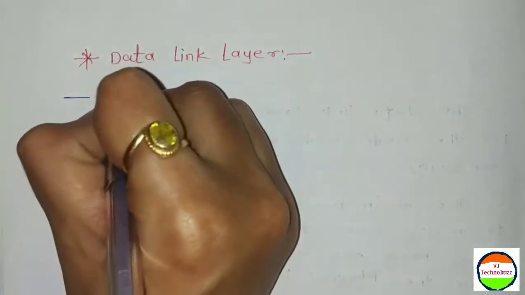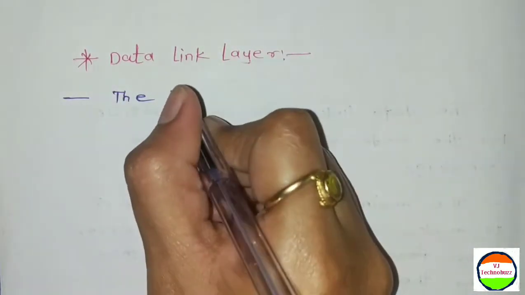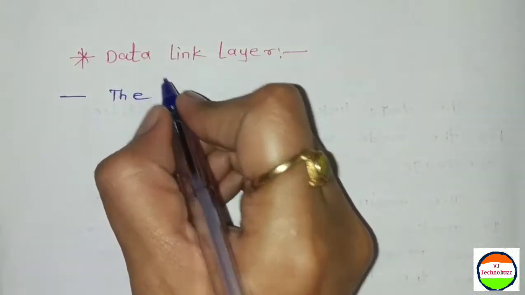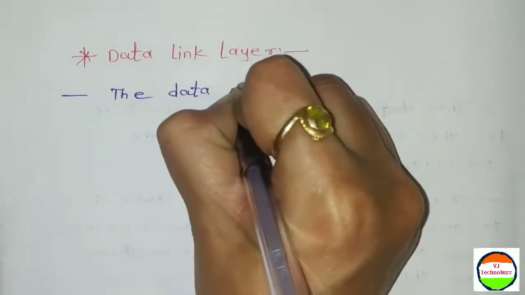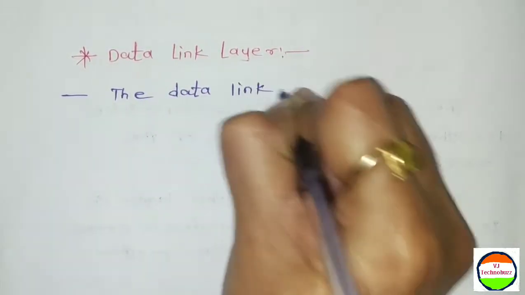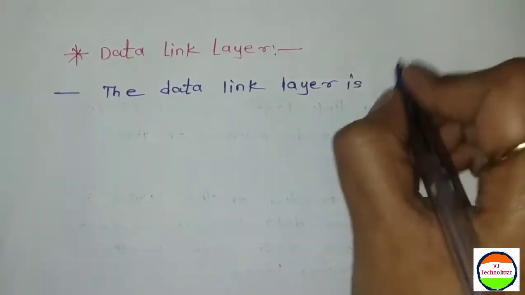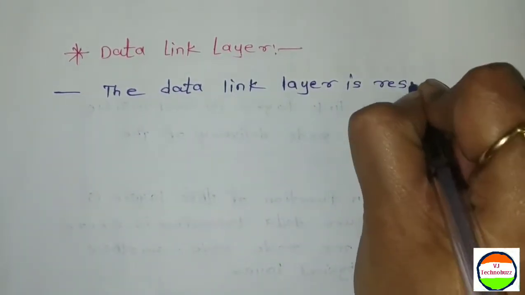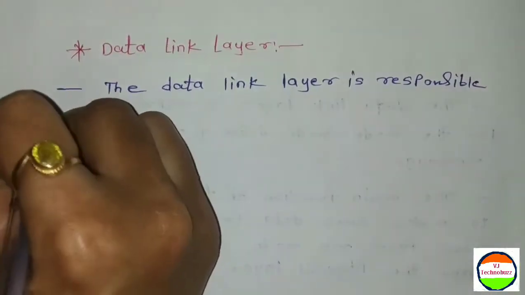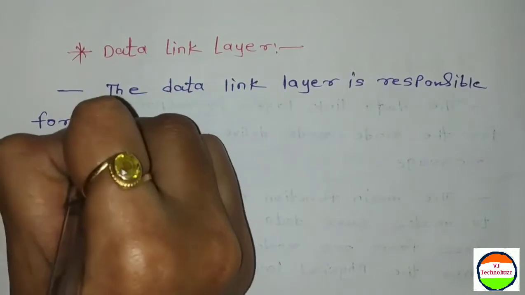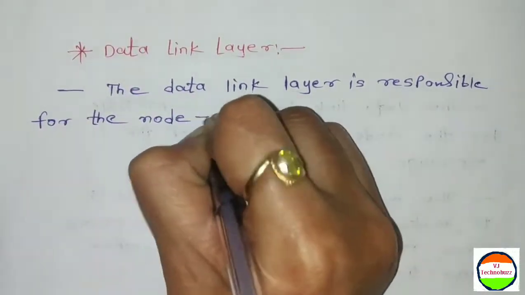The data link layer is responsible for the node-to-node delivery of the message.